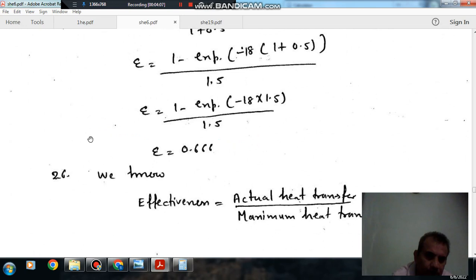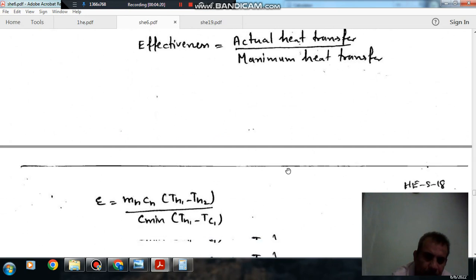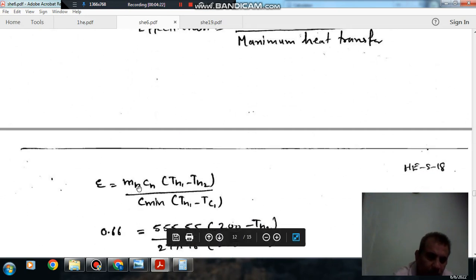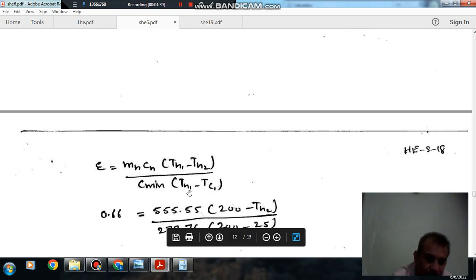Next, question number 26. Now we have the effectiveness, that is 0.66, and in general the effectiveness is given by actual heat transfer divided by maximum heat transfer. Actual heat transfer can be taken either from the cold fluid or from the hot fluid. From the hot fluid, the heat transfer is MHCH times (TH1 minus TH2), and the maximum is C minimum times (TH1 minus TC1).